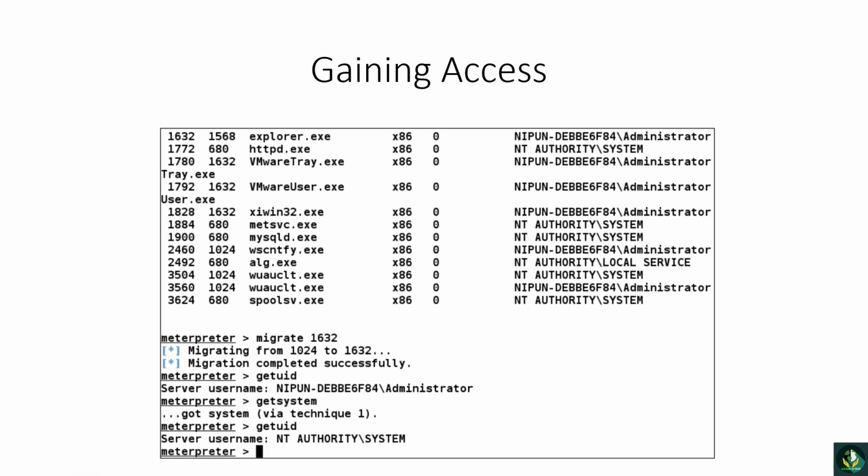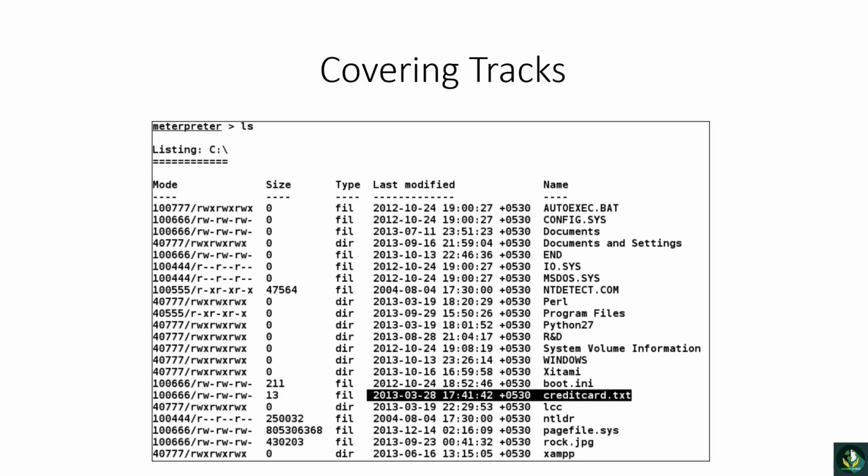So let's now talk about covering tracks. Covering tracks may not be a necessary phase in carrying out a white box test. However, we should still know how to perform this for various scenarios that may arise. Suppose we have to edit a file on the target server, which may be a crucial file such as a configuration file or credential harvester file, and we want to set the file's last modified time back to the actual modified time from before our editing took place.